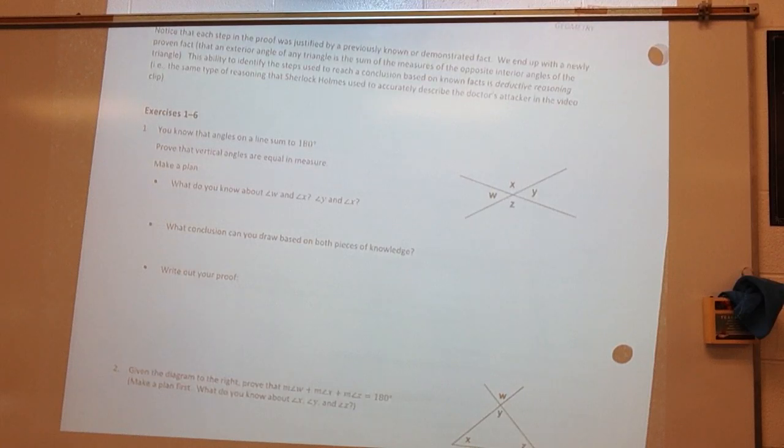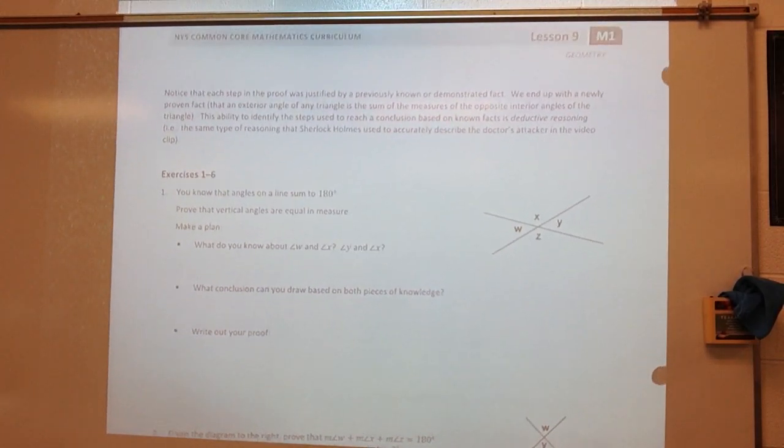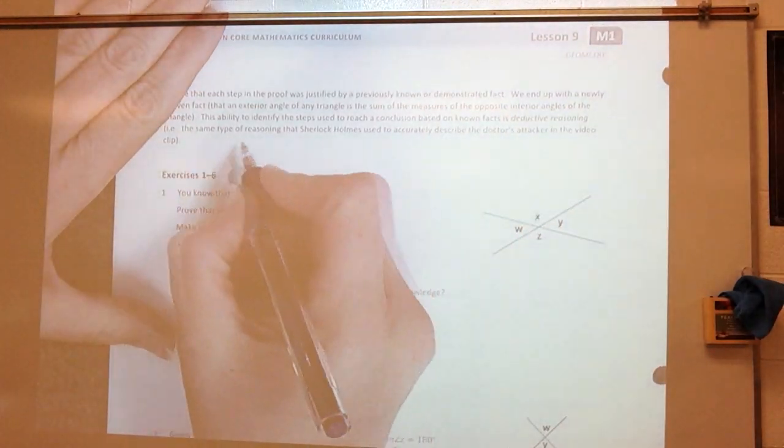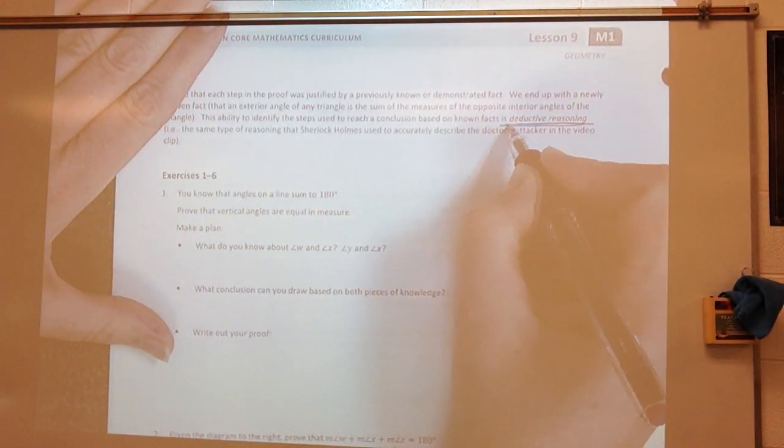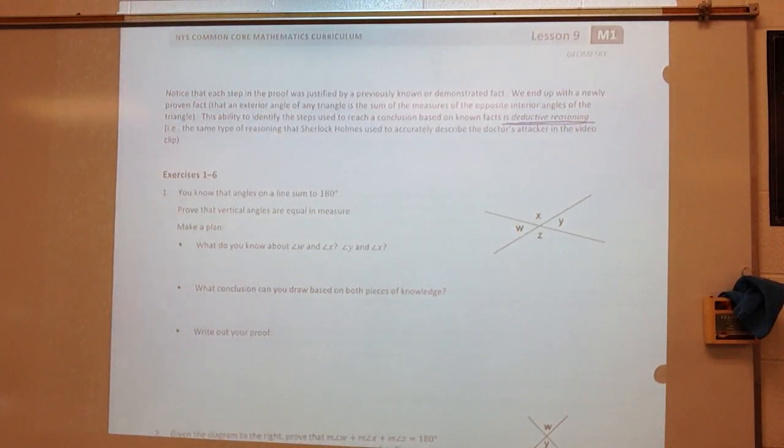This ability to identify the steps used to reach a conclusion based on known facts is called deductive reasoning. It is the same type of reasoning that Sherlock Holmes used to accurately describe the doctor's attacker in the video clip. Deductive reasoning, guys, that is a vocabulary word that you need to make sure you know.